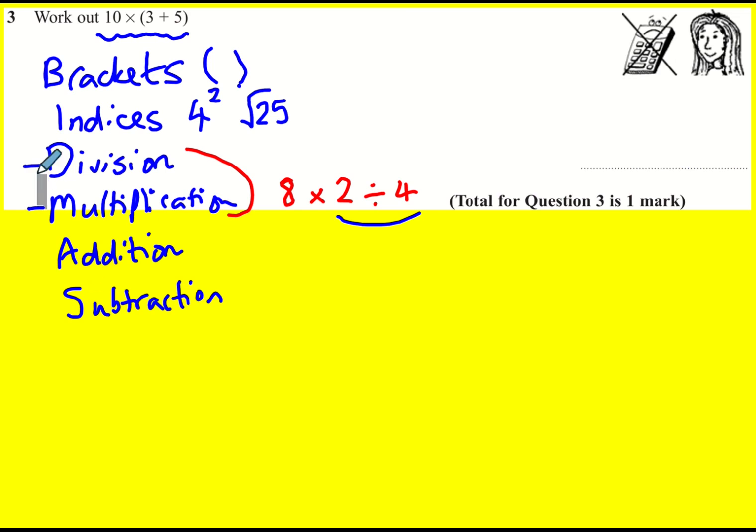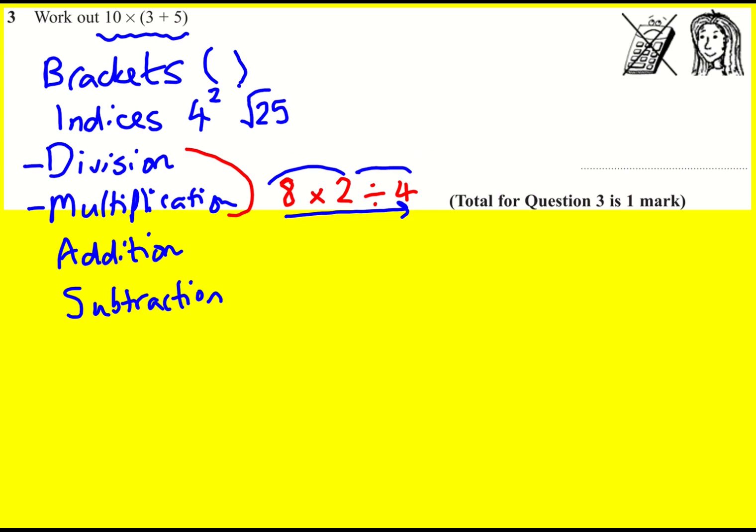When you have a division and a multiplication in the same number sentence, you just read from left to right, just like a normal book. So you would just read it as normal. You do 8 multiplied by 2, which is 16, and then you would divide by 4.